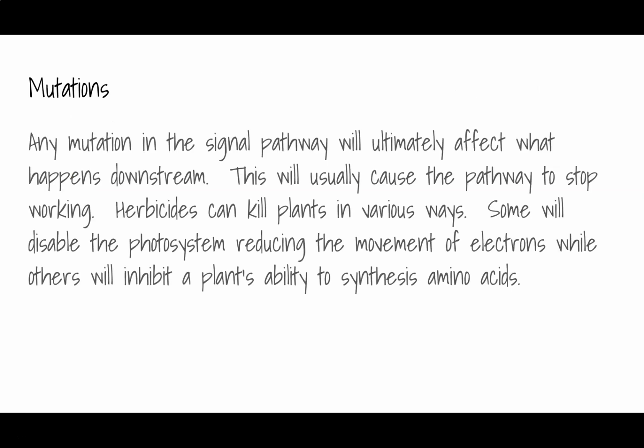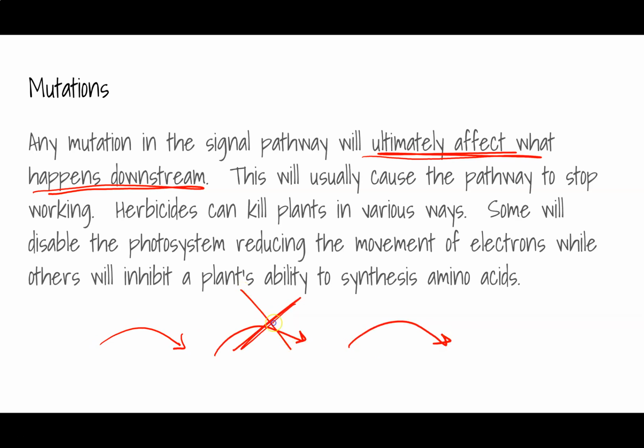So let's see, a mutation. Again, a mutation could happen, and it will ultimately affect what happens downstream, what I showed you before. So if you have a series of events, that event which triggers that event, which triggers that event, if something happens in the middle, well, then the cellular response doesn't happen. So, for example, herbicides. Got to go out and kill those weeds, right? Some of them will disable the photosystems.